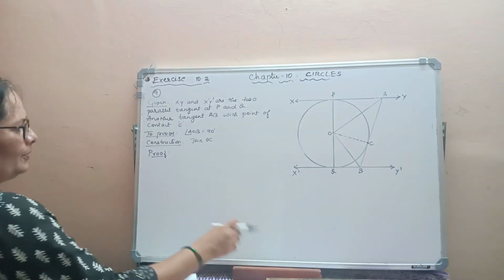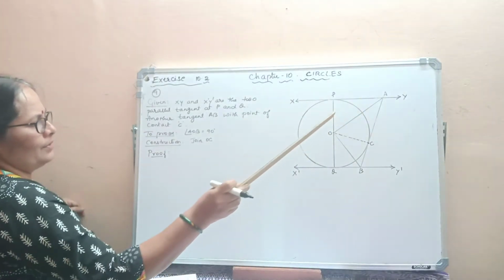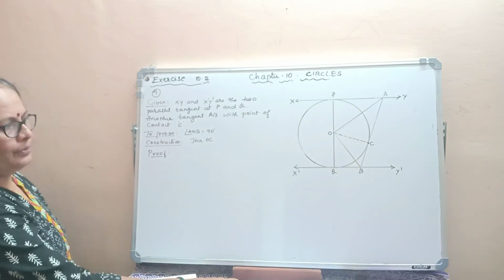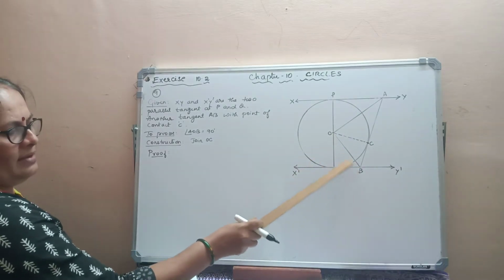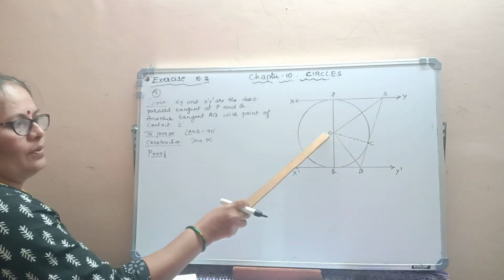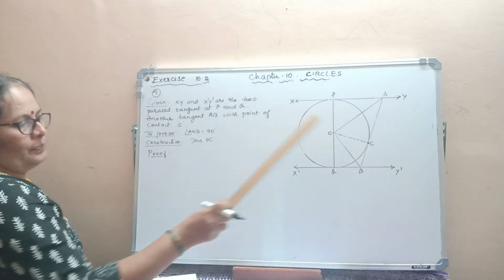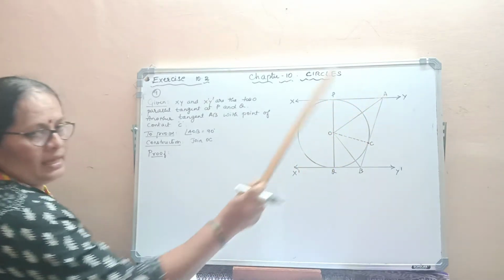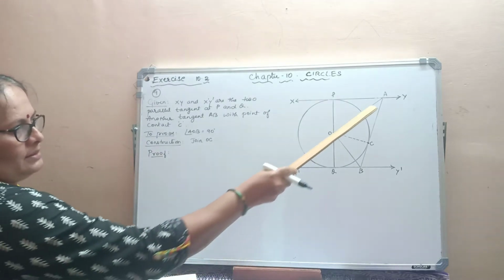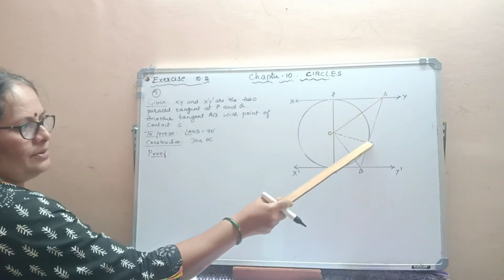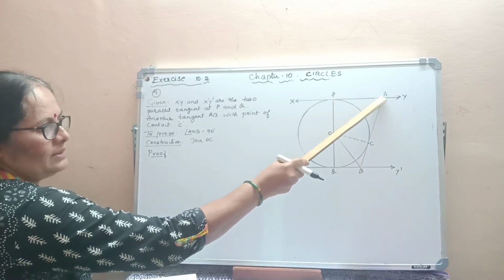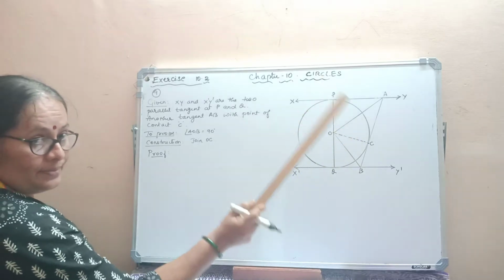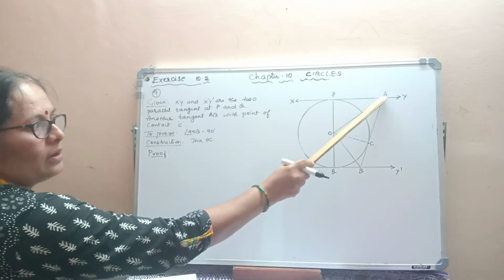Now you need to prove that angle AOB is 90 degrees. To find angle AOB, first we join CO. If you join CO, now see here, in quadrilateral POCA, PA equals AC, OP equals OC, radii of the circle, OA common.